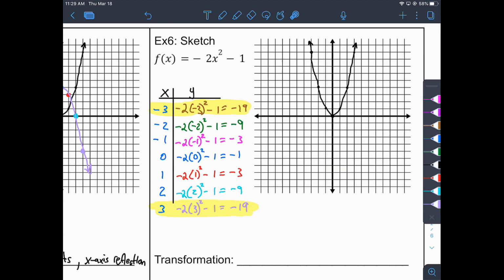So we can actually already say that this one is going to stretch by a factor of 4. What else will it do? Well, we also see that the c value is a -1. So we could say that it goes down, and I'll just put an arrow down 1 unit.